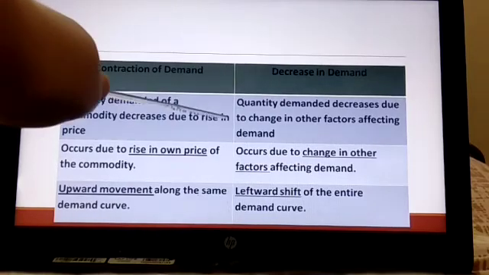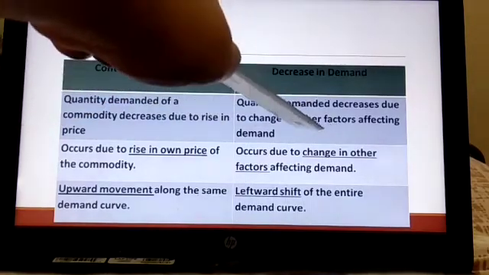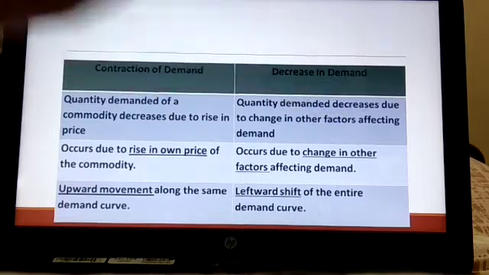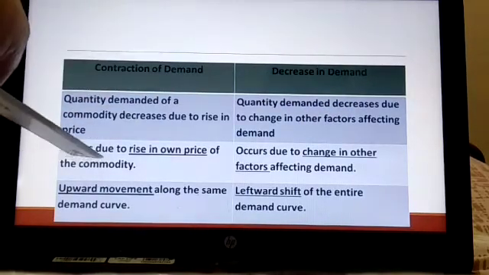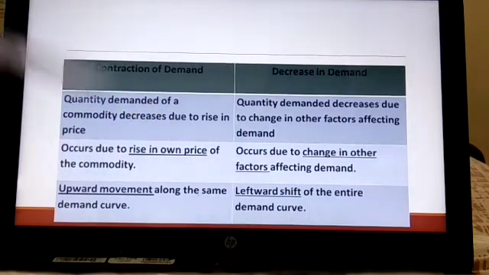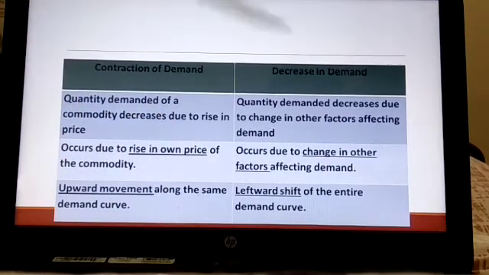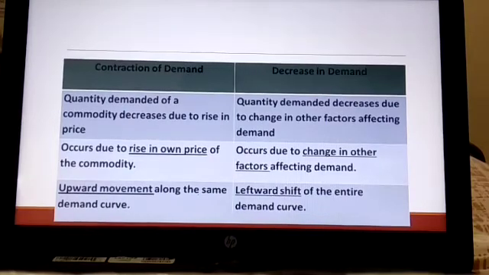Contraction of demand occurs due to rise in own price of the commodity and decrease in demand happens due to change in other factors affecting demand.